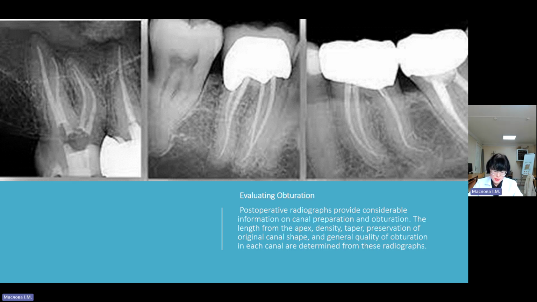Crown fracture is the main cause of long-term endodontic failures. Depending on the extent and severity of the fracture, the dentist will advise on whether extraction or restoration is the correct option.